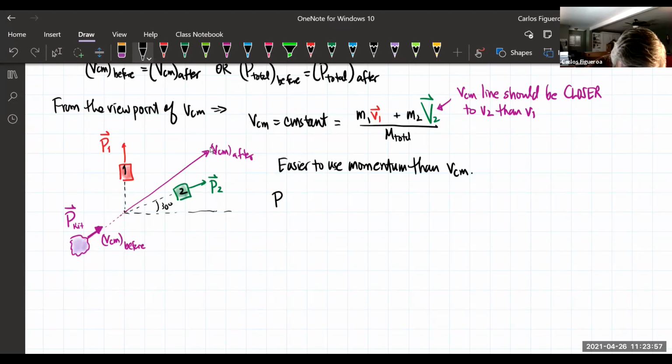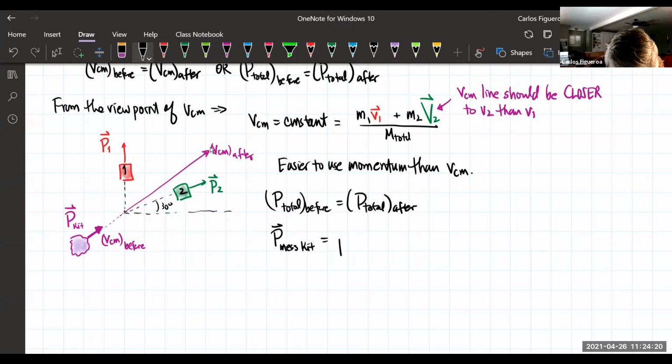The total momentum before must be the total momentum after the explosion. So that means this is the momentum of the mess kit, and this has to be the momentum of the green and the red blocks here.